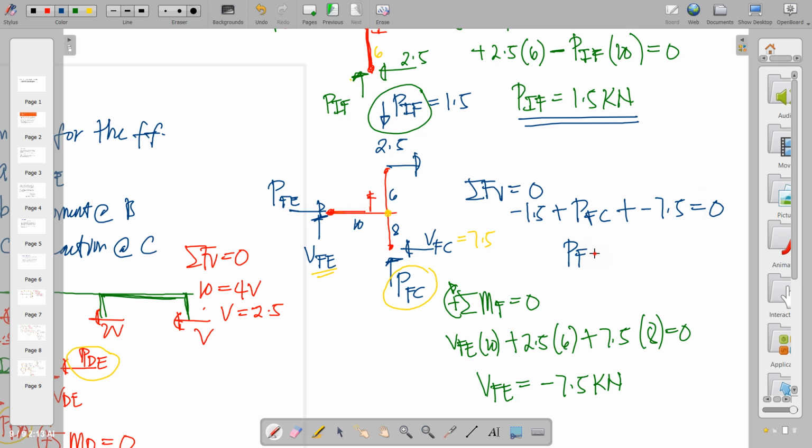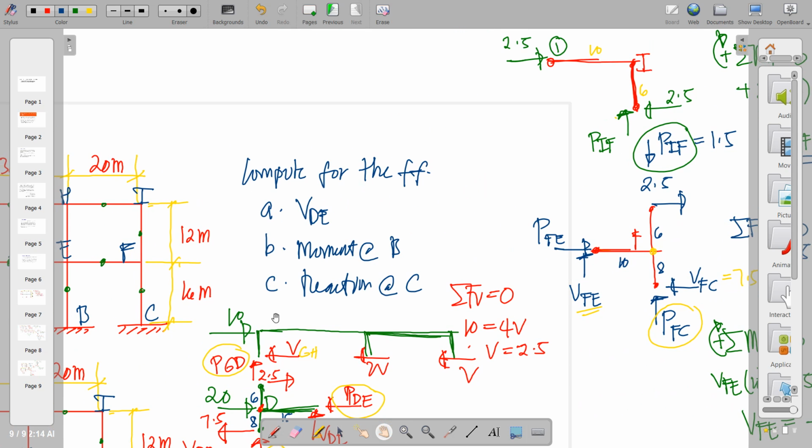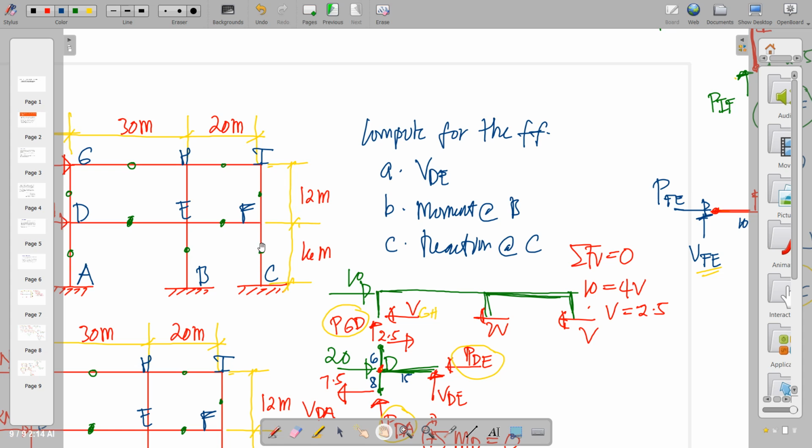So PFC will be equal to, just add this one, 9 kilonewton. And this is actually the reaction at C, because PFC will be transferred. This is FC, okay, will be transferred to this. This is 9, this shall be 9, and the reaction at C will be equal to 9.